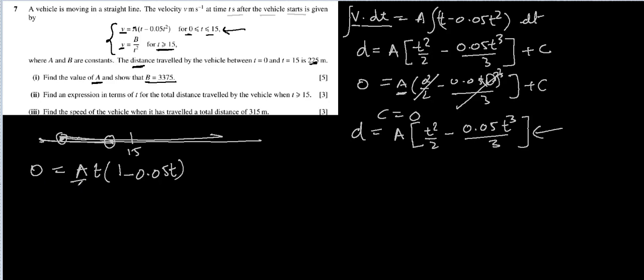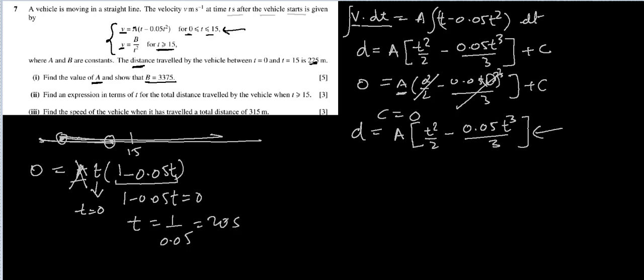A cannot be 0, it's a constant, so that's gone. t is 0 means it is turning at t equal to 0, so that is not a danger for us. Let's see what the rest gives us. 1 minus 0.05 t equal to 0, so t equal to 1 over 0.05, which is 20 seconds. So there is no turning point before 15 seconds, so we don't have to worry. We can use 225 easily now.